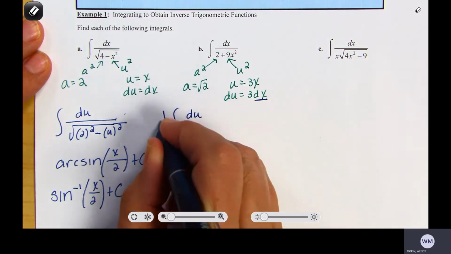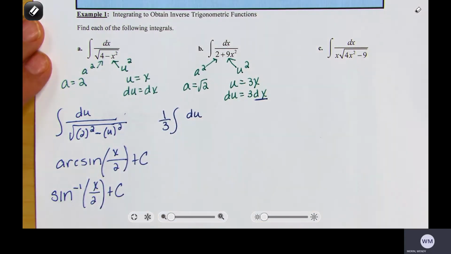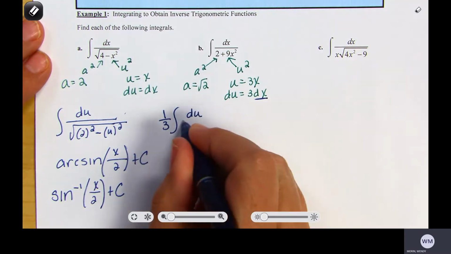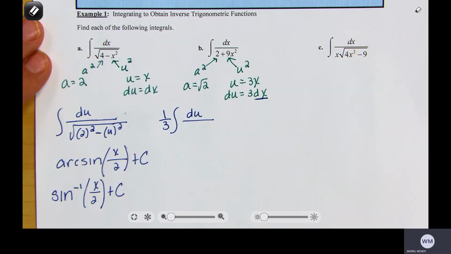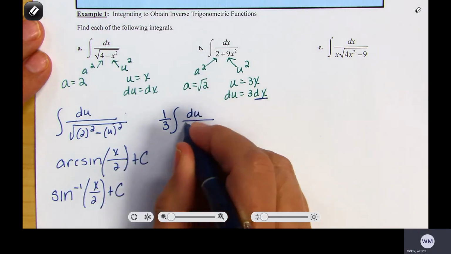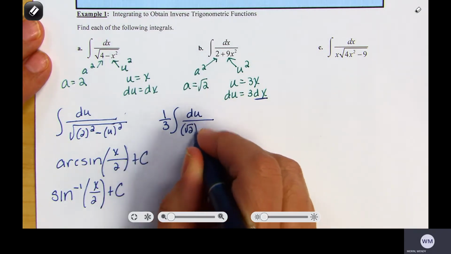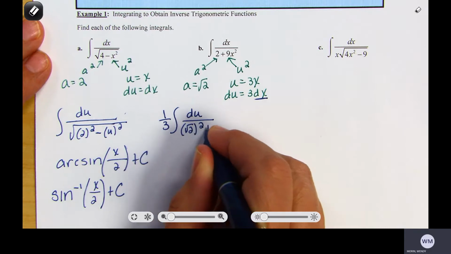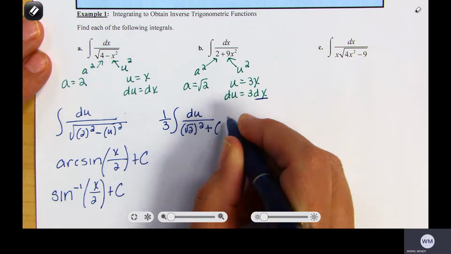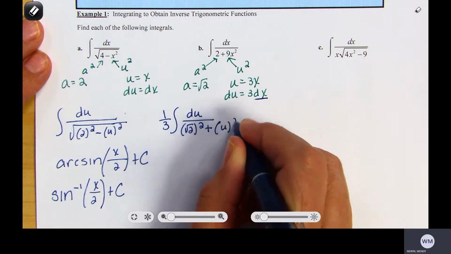Let's put those coefficients out in front. Over a squared plus u squared.